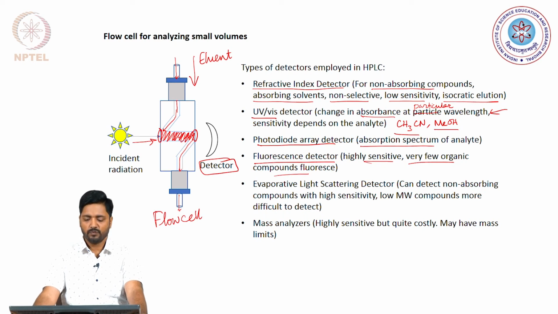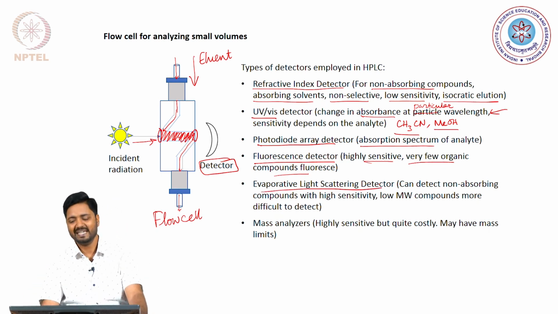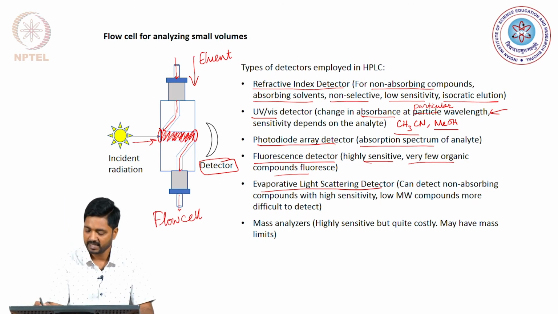A different principle detector is the evaporative light scattering detector or ELSD, which has the advantage that it can detect non-absorbing compounds with very high sensitivity.